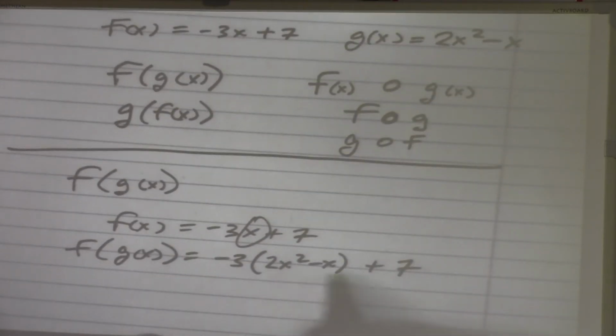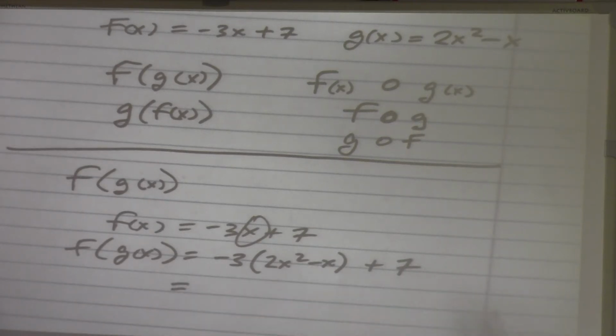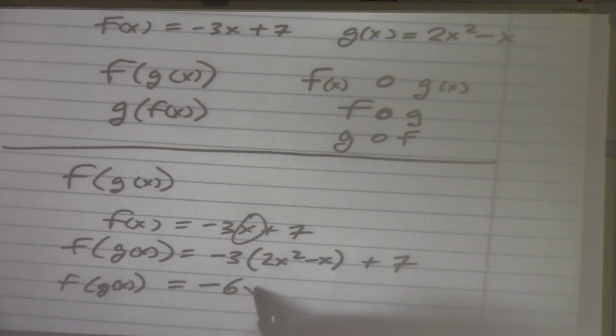So that's negative 3x plus 7. I just replace the x with what this function is. And at that point, now all I do is I simply calculate it out, all on this side here. Negative 6x squared, and negative times negative is a positive, 3x plus 7. That's it. There's nothing more to do with that one.